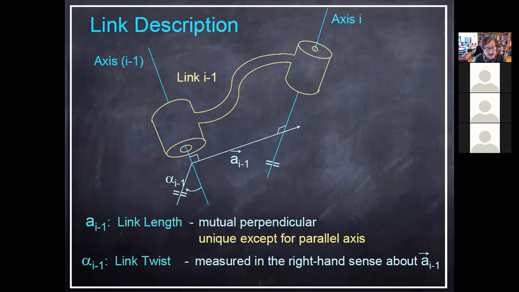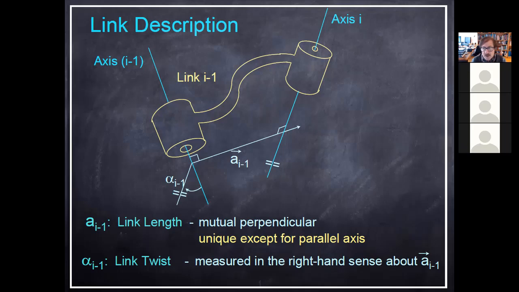How is the twist angle measured? If I carry this axis all the way here so that it is coinciding with this white line, so it is going to cross the previous axis, the angle in between is going to be the twist angle.